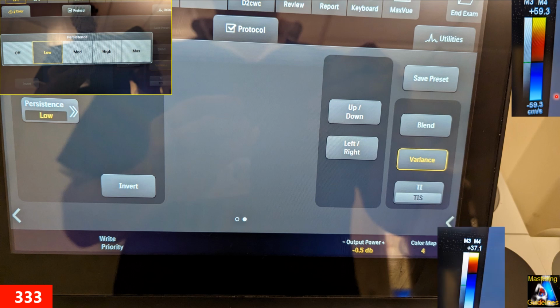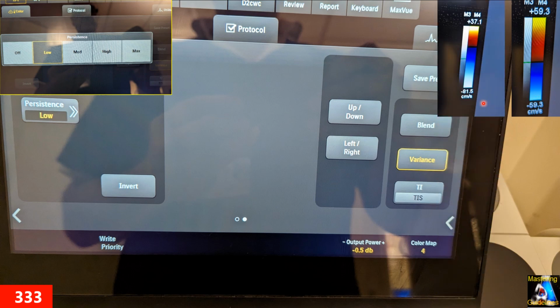With this color box, we have to remember that when we scan, the first thing after we put on color, we look at the color box: is the baseline at zero or not? Because if it's up or down, above zero or below zero, the function will be affected. We are changing the scale of that level.